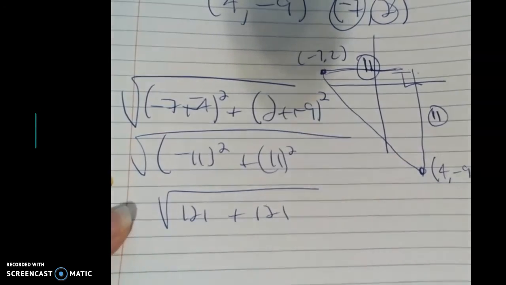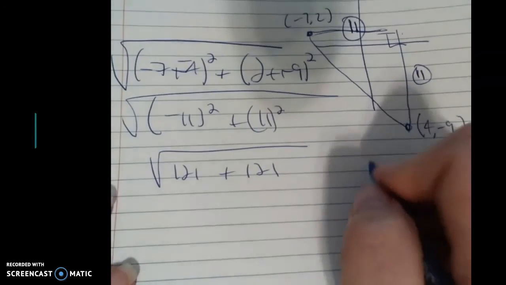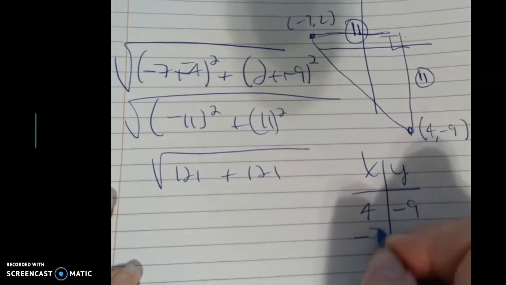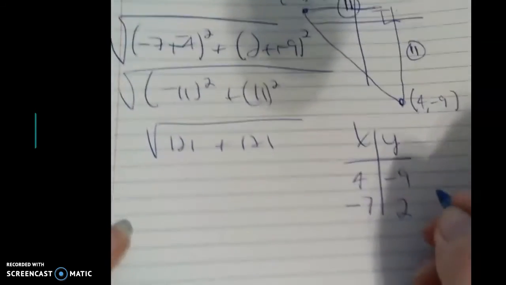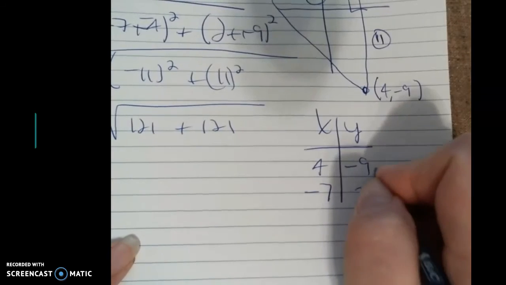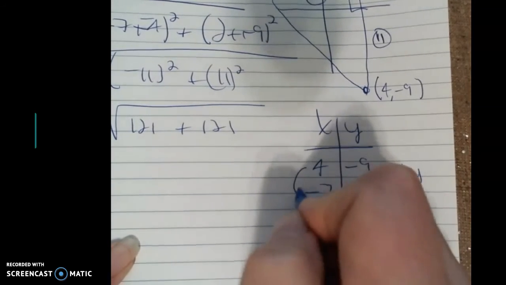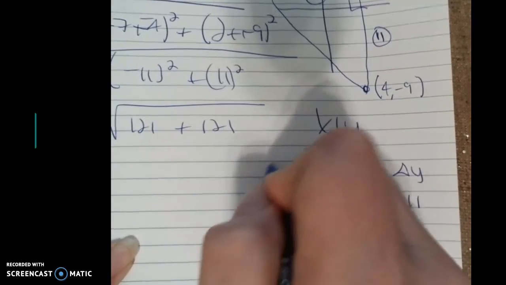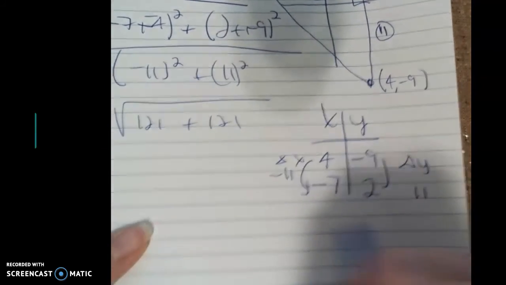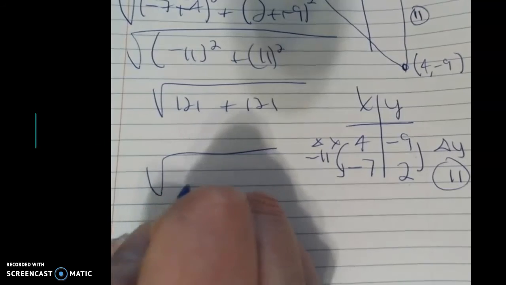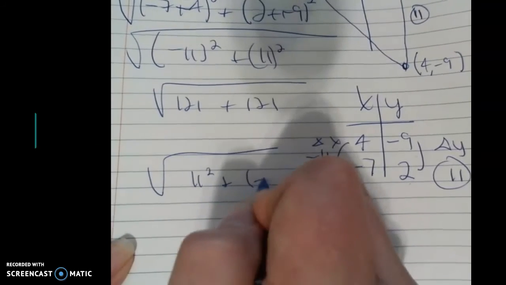121 plus 121. If you like to do it this way, just do change in y. So that guy went up 9, 10, 11 there. And this guy went down 11. Okay, change in x. And so then you can just do Pythagorean Theorem with that. So 11 squared, and again, -11 squared.